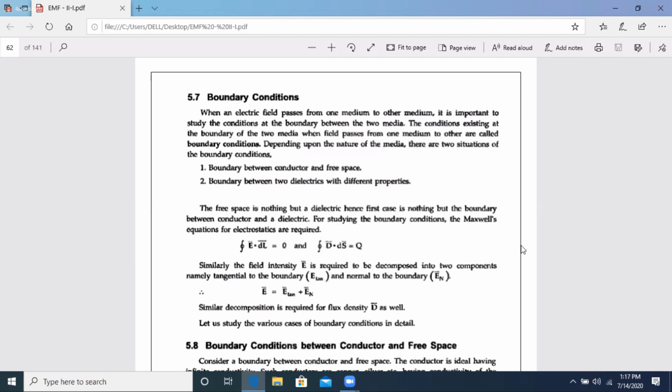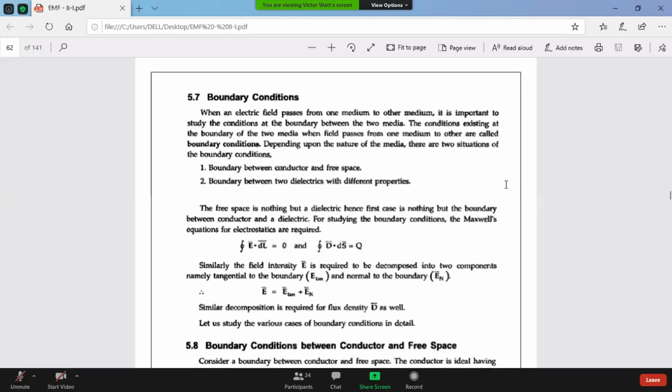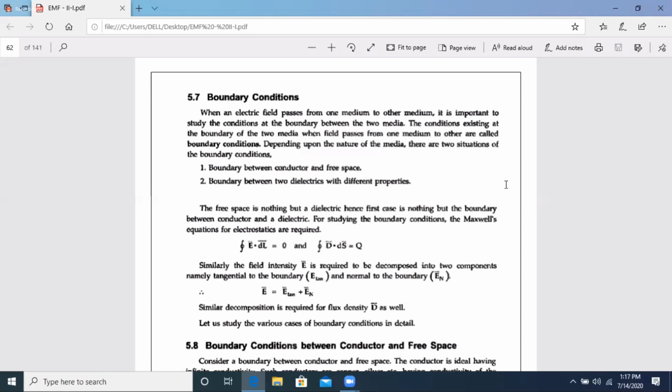What we always do. We always resolve the field into a tangential component and a normal component. Correct? We must know that by now, man. Because that's the only way we are going to be able to deal with it. Tangential component and a normal component.